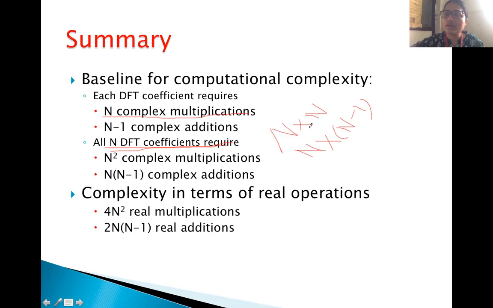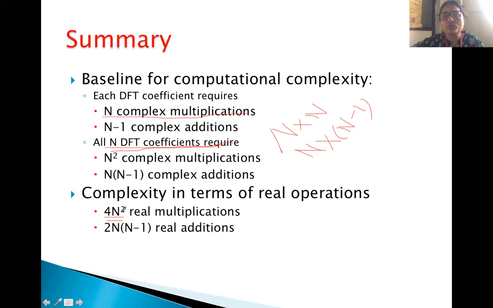Here we have considered directly a complex value. When we distribute the complex value in terms of real part and imaginary part, the computations increase, and those computations required are 4 times the multiplications which we have considered for n point DFT computation.